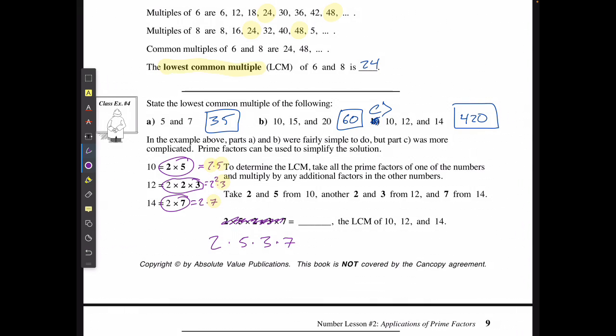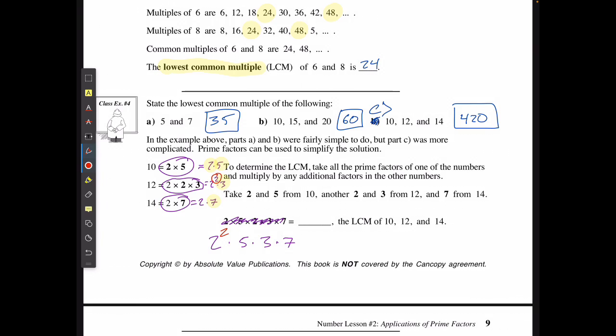I can also take a look at what is the biggest exponent that exists for any of the numbers. In this case, 5, 3, and 7 don't have exponents. They're all to the power of 1. But I do see that right here I have 2 to the power of 2, which means I need to have an exponent of 2 attached to the 2.